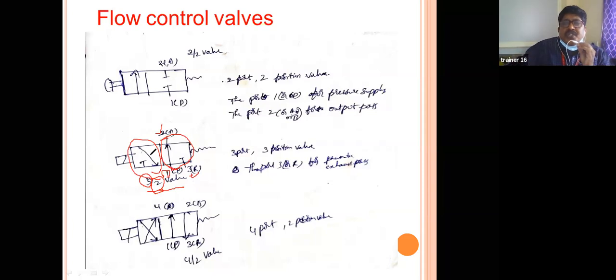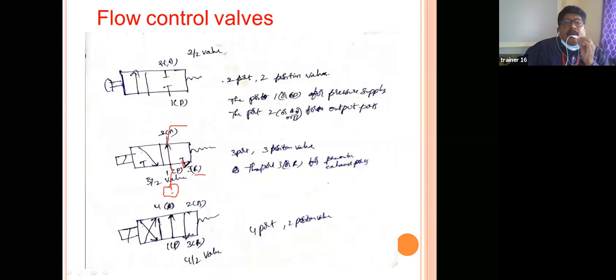Changing, 2 positions changing. So now if you see clearly, the first port is where you give the power supply. This is the power supply symbol. And this is the second port we have to give to the system. And the third port is a reservoir. See here, R indicates a reservoir.